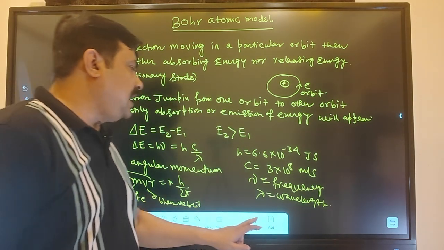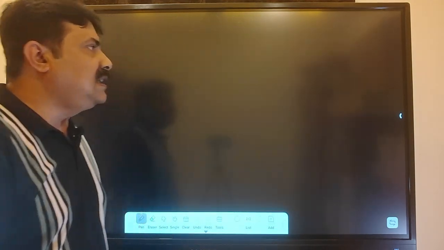Based on that, next we can derive the radius of the nth orbit of Bohr and the energy expressions of the nth orbit of Bohr.